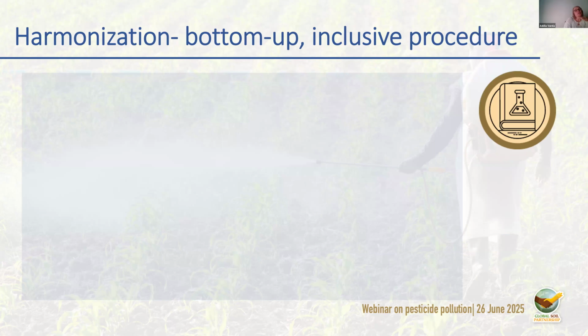The process of SOP harmonization involves several key steps. We began by identifying the analytical methods most commonly used for pesticide residue detection, consulting available documents, and engaging with experts.